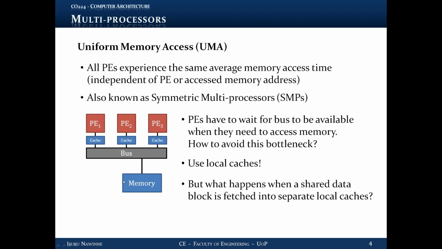All of them need to access that block at some different times in the execution timeline, right? So at some point in execution, PE1 will request access to that block, and that block will be fetched into PE1's cache. And the same can happen with PE2 and PE3. The same block may be fetched into all these different caches.